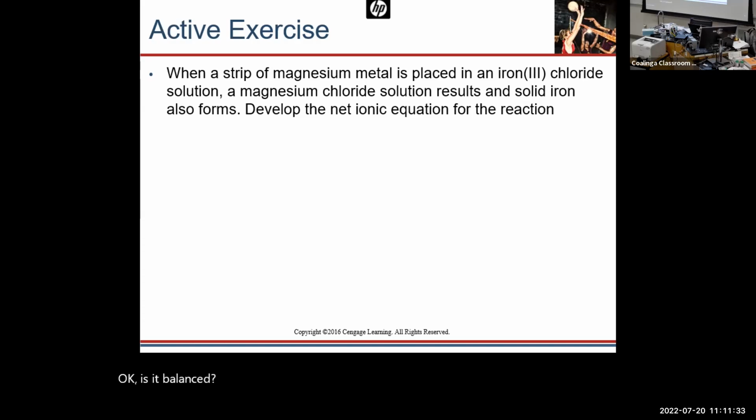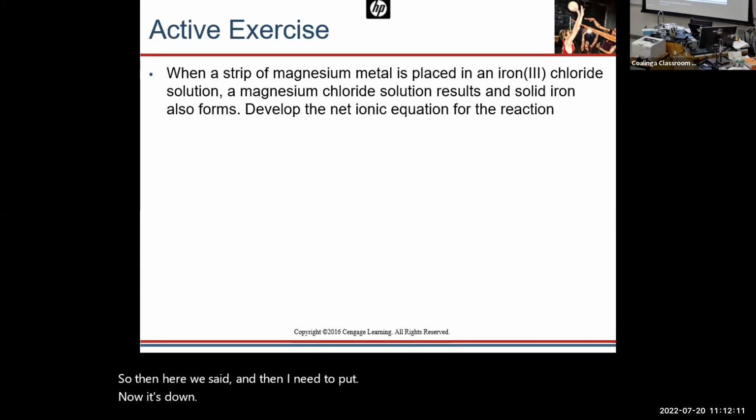What do we need to do to balance it? That gives me 2 iron, 6 chlorine. Okay, so now it's balanced.